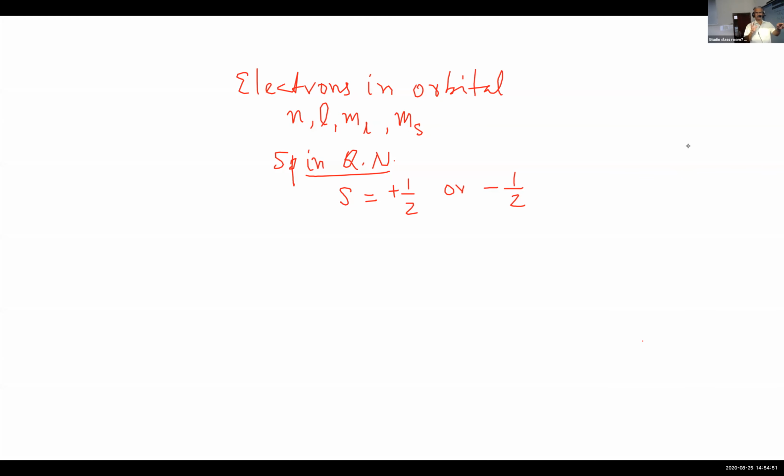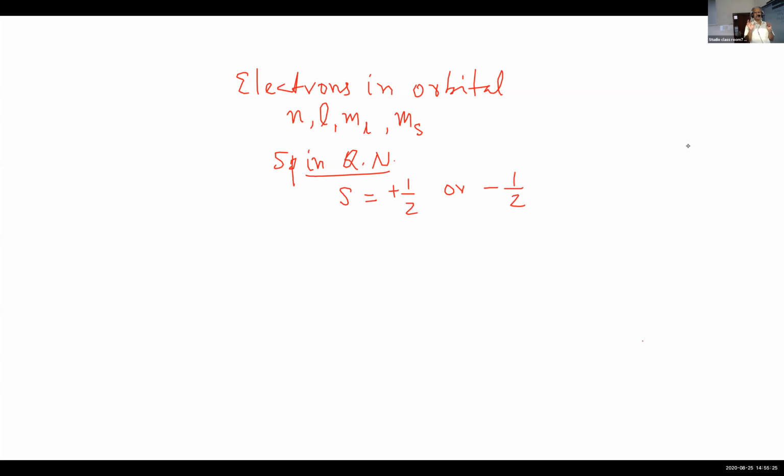Principal quantum number, the orbit; azimuthal quantum number, the subshell; magnetic quantum number, the orbital. And suppose there are 2 electrons in the orbital, and we have to identify which electron we require. Is it the electron spinning in the clockwise direction or the electron spinning in the anti-clockwise direction? To identify that electron, we need a spin quantum number also, plus half or minus half.